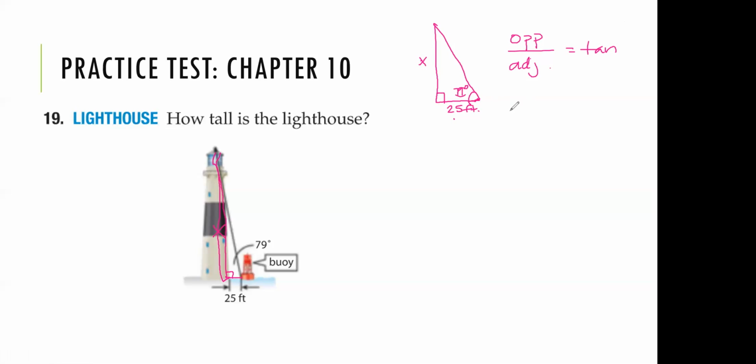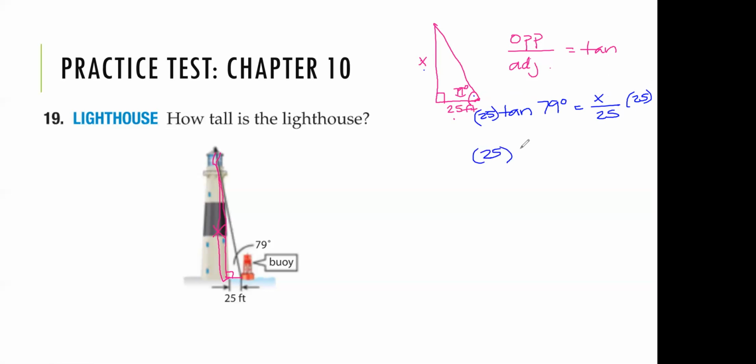So we have the tangent of 79 degrees is equal to the opposite x over 25, the adjacent, right? So this is an equation. We need to isolate x. So x is being divided by 25, so I'm going to multiply both sides by 25.